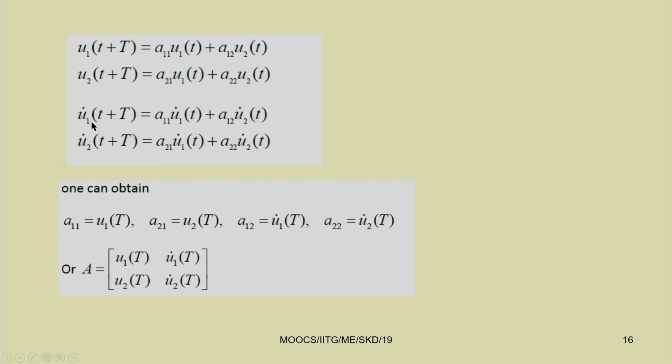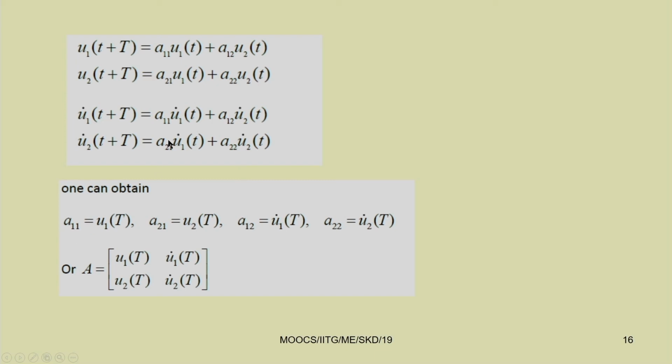Similarly, u1 dot(t+T) equal to a11 u1 dot(t) plus a12 u2 dot(t), and u2 dot(t+T) equal to a21 u1 dot(t) plus a22 u2 dot(t). So, 4 equations, 4 unknowns, and by solving these we can find the values.